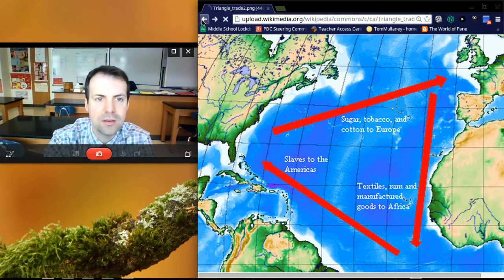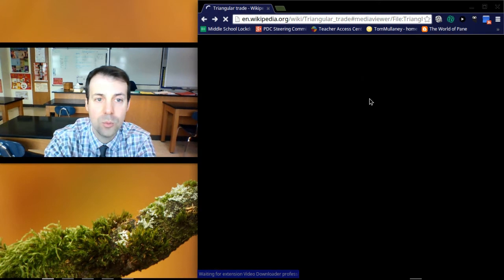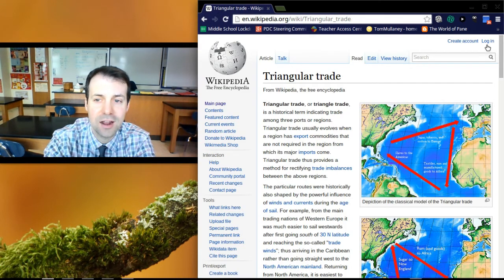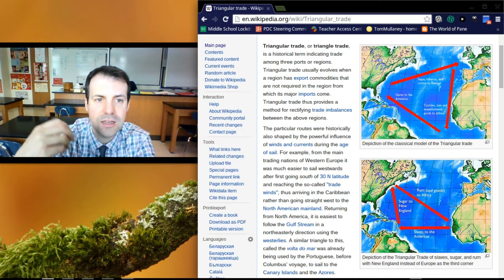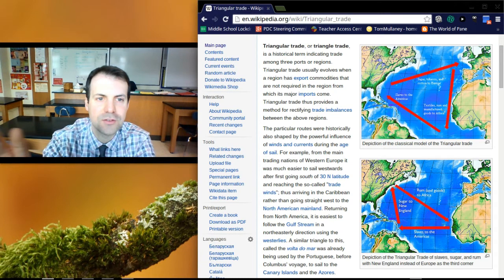When I hit the back button, I'm actually going to go back to the triangular trade Wikipedia page. Wikipedia can be a very good source. However, you don't cite it on academic work, but it can have some really good information. And here it shows you how when you look at history, sometimes things are more complex, or there are two different versions of the same thing, or different spellings.